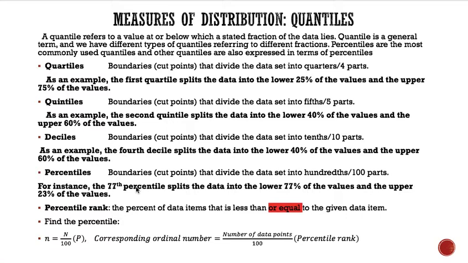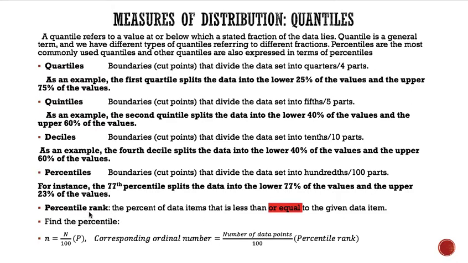So in our daily life, we usually hear the terminology percentile. Remember, actually, percentile is a cut point or a boundary. But this boundary has a close relationship with percentile rank, because for this boundary, a certain percent of the data is below it, and a certain percent of the data is above it.